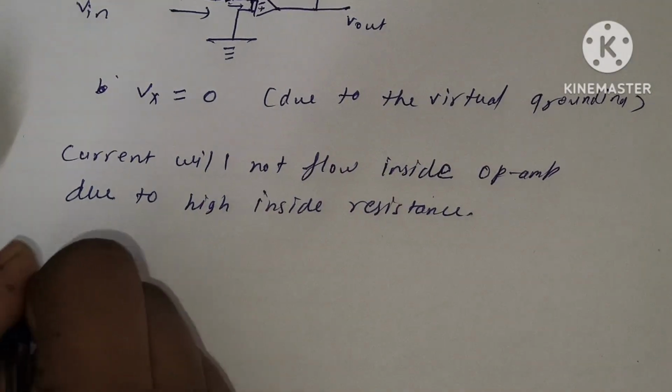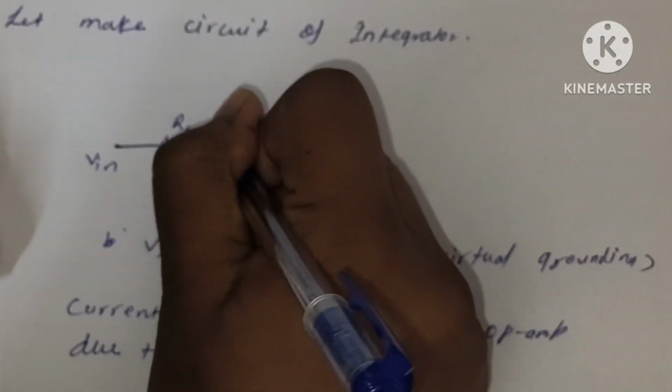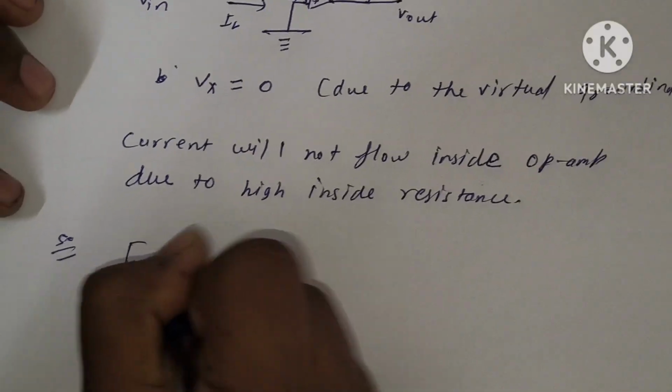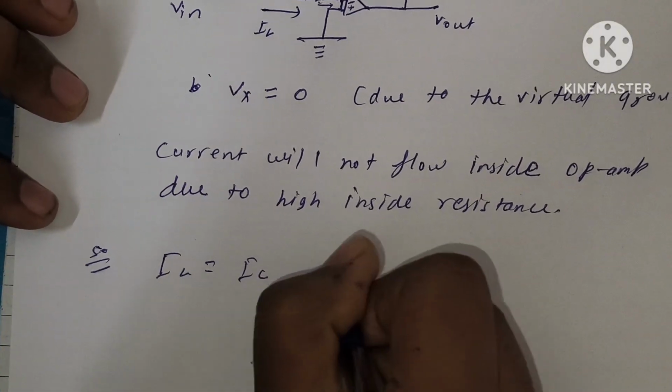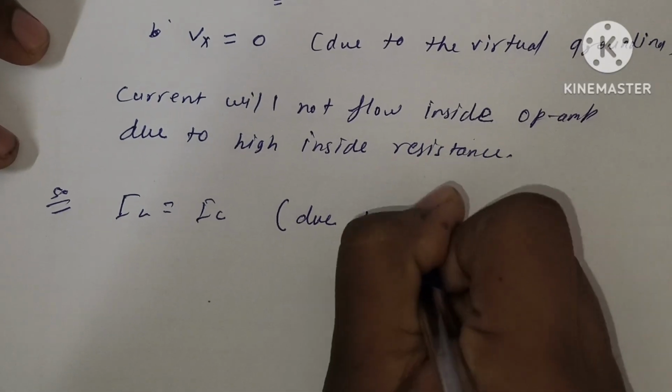So the current IL is equal to IC due to KCL.